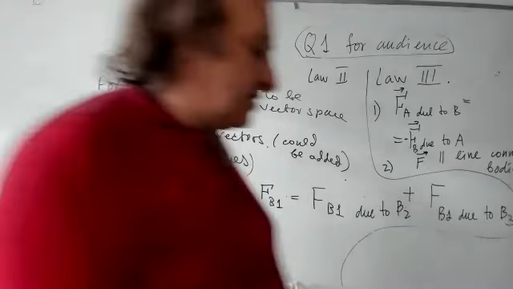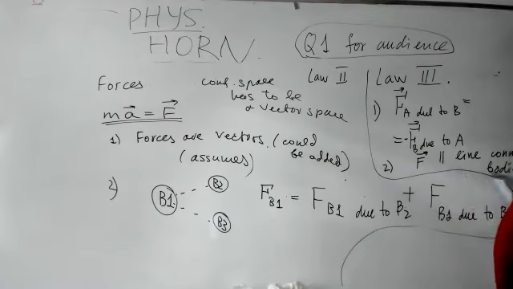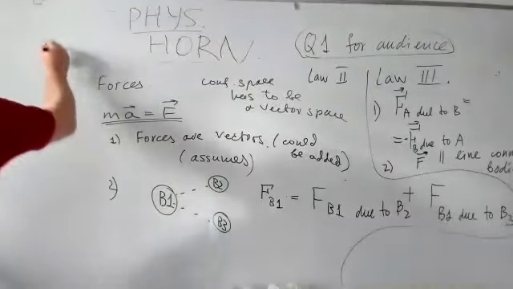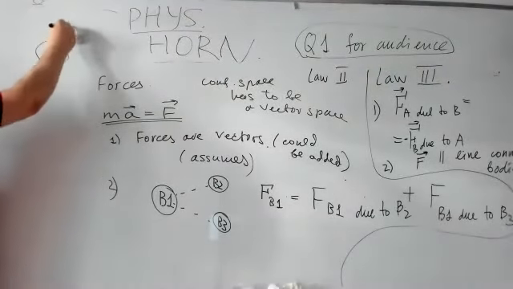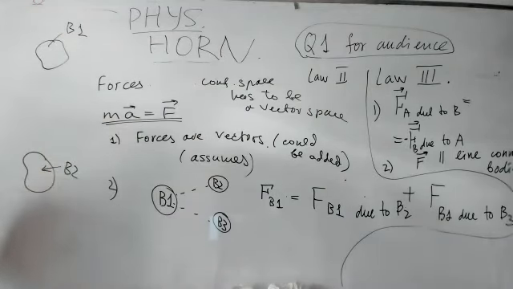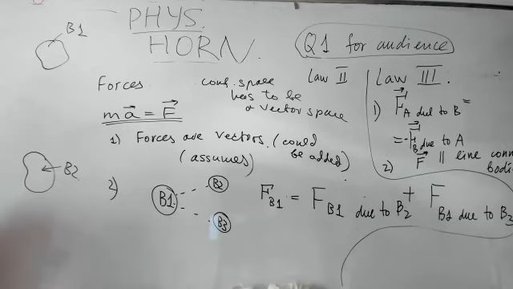Let us first try to understand what this means. What is the line connecting bodies? So there is a body number 1. There is a body number 2. What does it mean, the line connecting bodies, if a body is not a point?